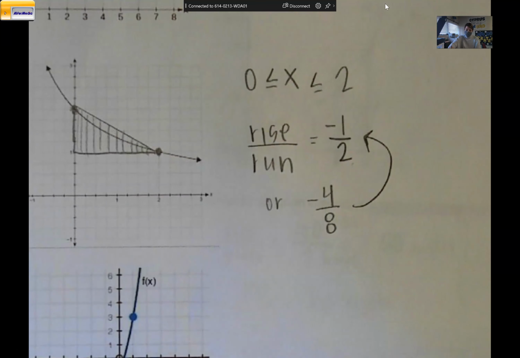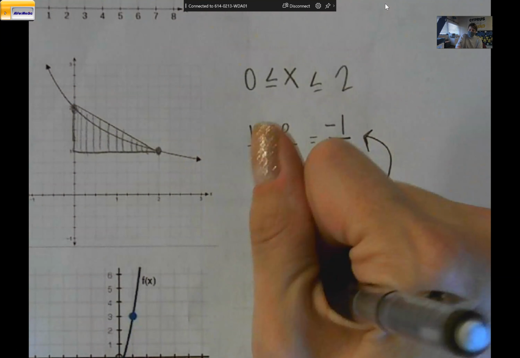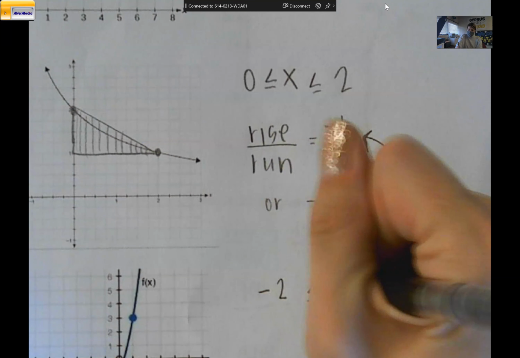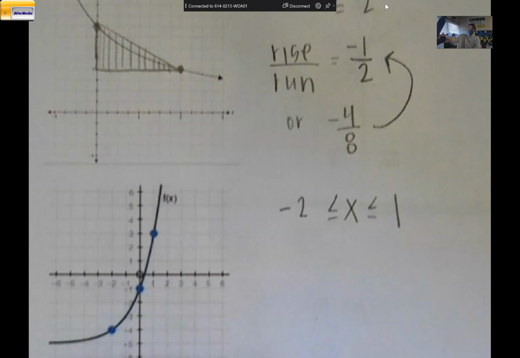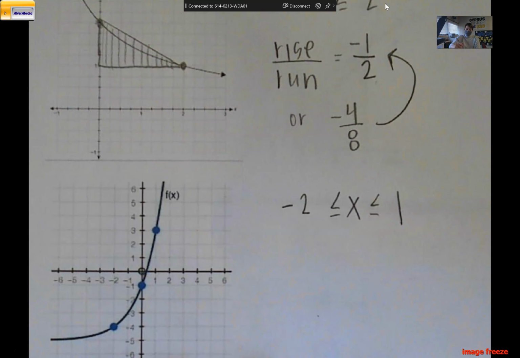Okay, this next one on your whiteboard. Let's go from x is negative 2 to x is 1. You can just write, obviously, the answer on your whiteboard. You don't have to write anything else.